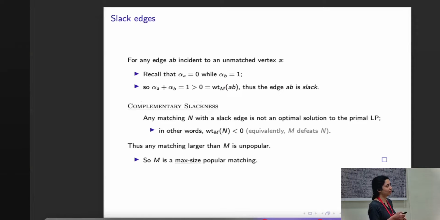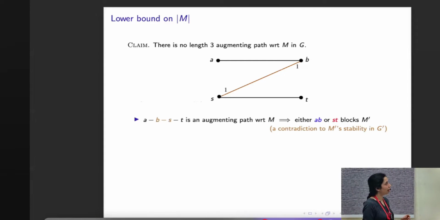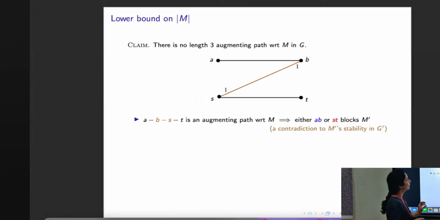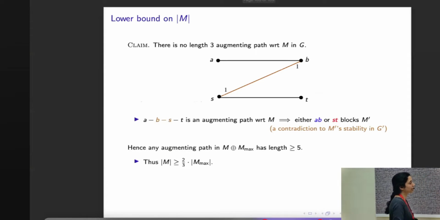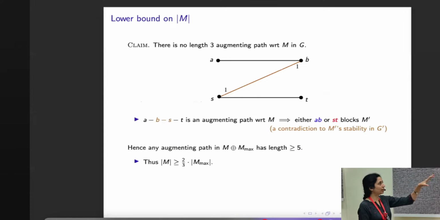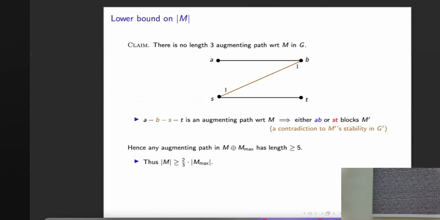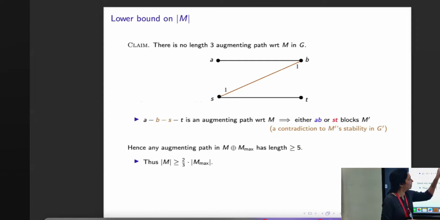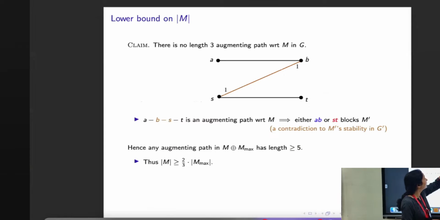So one last slide. We said a stable matching could have size at most half the size of a maximum cardinality matching. We have in fact a better size guarantee for a maximum size popular matching, because we claim there is no length 3 augmenting path with respect to it. If there is such a length 3 augmenting path, as we saw in our toy example, either the blue edge AB or the red edge ST blocks such a matching.